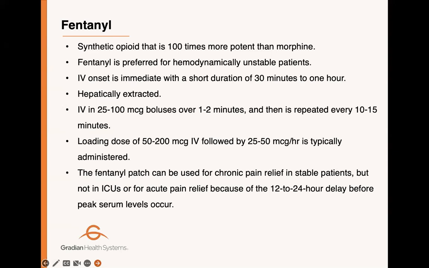The IV dose is 25 to 100 microgram boluses over 1 to 2 minutes, and then you can repeat every 10 to 15 minutes. If you have an infusion, you can give a loading dose up to 200 micrograms, and then maintain at 25 to 50 micrograms. When giving the infusion, something to note is that fentanyl has a funny thing: if you give it as a continuous infusion for a prolonged period, the half-life increases from 30 to 60 minutes up to 9 to 16 hours.